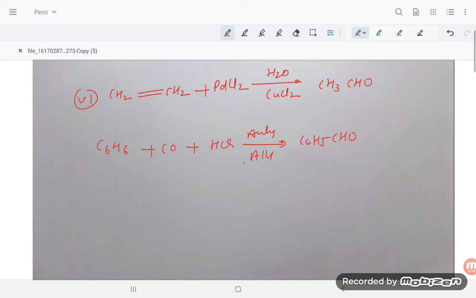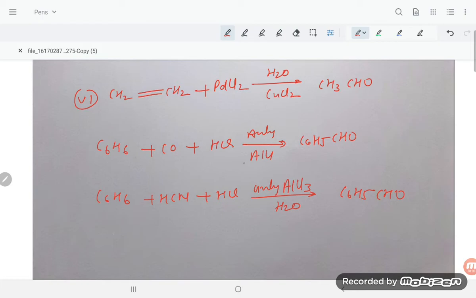Another reaction is there, the Gattermann aldehyde synthesis. In this one also you take C6H6 plus HCN plus HCl, with anhydrous AlCl3 and then H2O. So what compound are you going to get? C6H5CHO you are getting.